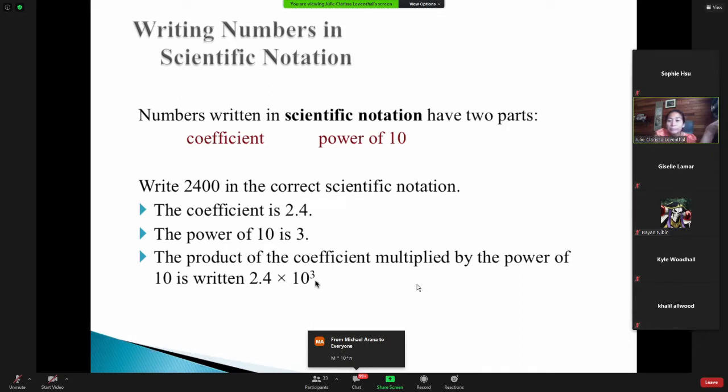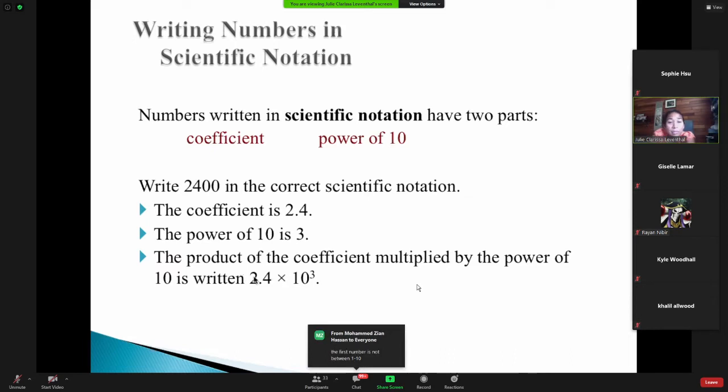Yes? Right? But is that a standard scientific notation? 24 times 10 to the 2. Why not? Why is 24 times 10 to the 2 not a standard scientific notation?